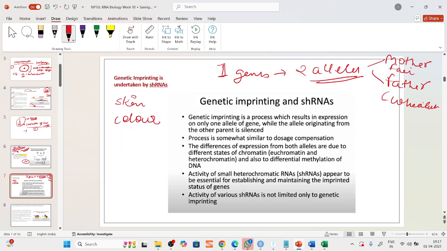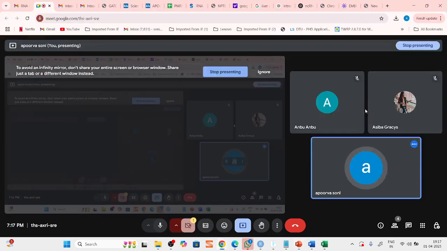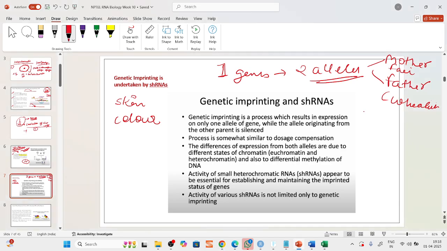Now, the progeny can either have a fair color or it can have a wheatish complexion. It is random. Whichever allele comes, that color the child will have. If the allele is coming from the mother, he or she will have fair color. If the allele is coming from the father, he or she will have a wheatish color. So here it is a random process.